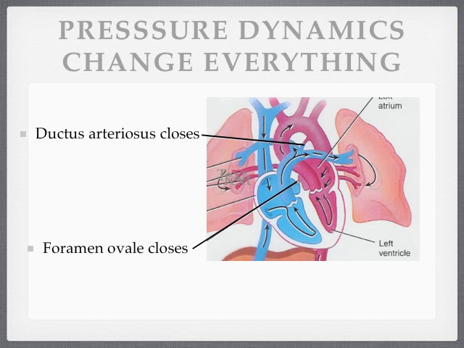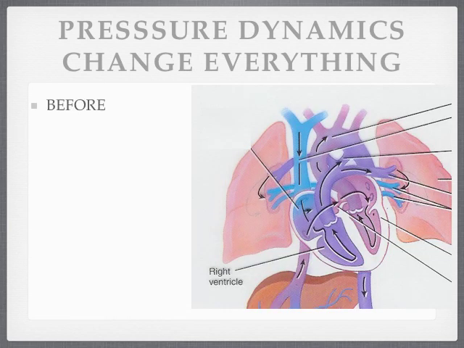In the dynamics of the heart here, these are the 2 things we want. We want the ductus arteriosus to close and the foramen ovale to close. So, what's happening right before that? Right before that, we have everything open. The pressure in the left atrium of the heart is low.